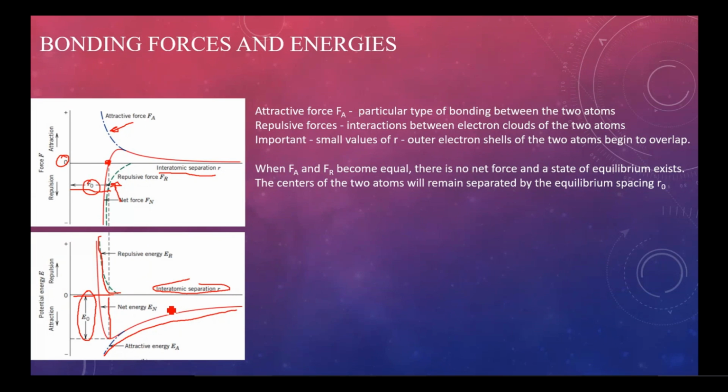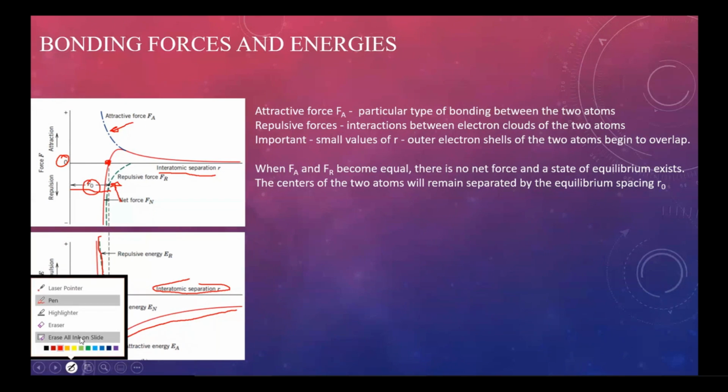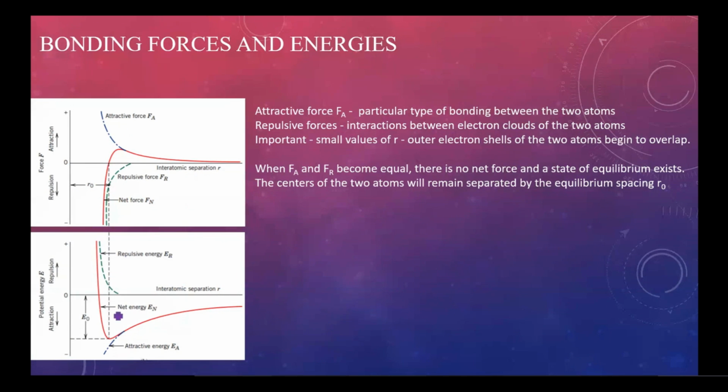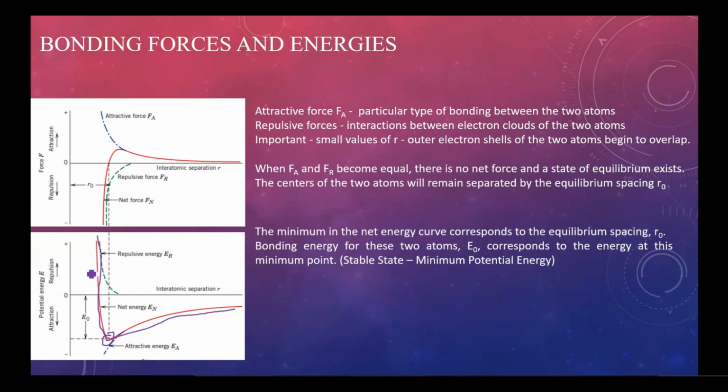This red curve, or I'll change my color to this purple one. All right. So this net energy curve would have a minimum point at this location where you have the bond length that is being formed. That is basically the equilibrium position or stable position having minimum potential energy. The bonds would have the minimum potential energy at this R naught distance.